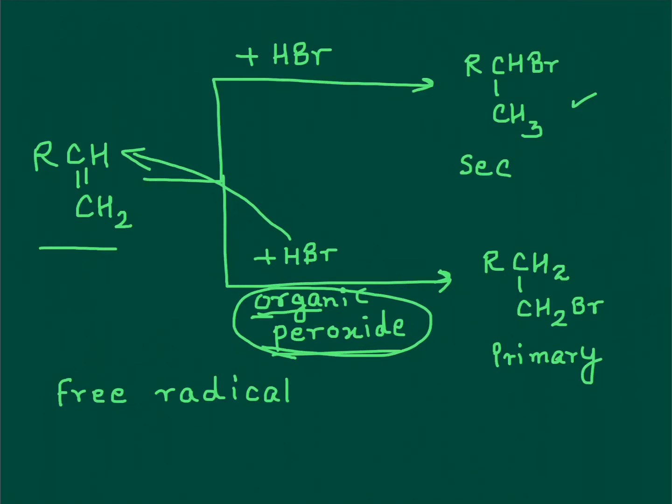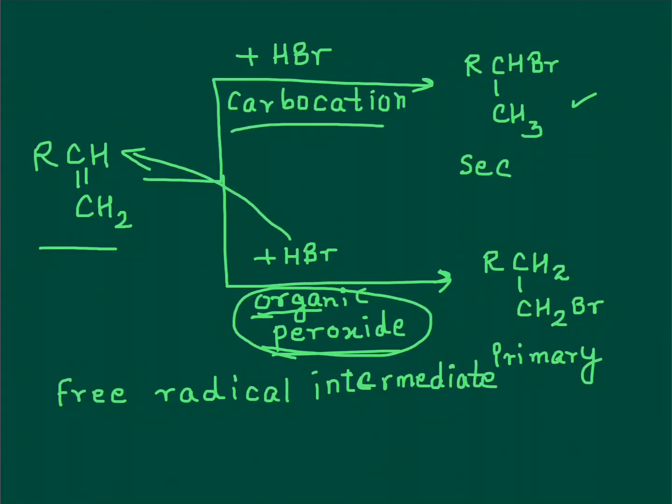So when you have a peroxide, instead of the formation of a carbocation, as we had seen in the earlier reaction mechanism, electrophilic addition, we will notice that in the presence of a peroxide, it's a free radical intermediate which is formed. And because of the formation of the free radical intermediate, instead of the reaction taking place by this mechanism, it is the free radical process which takes place.